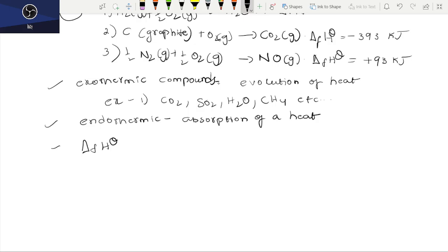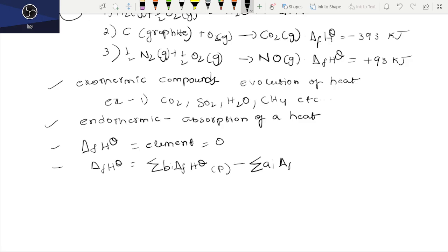Now, along with that, if the delta fH naught values of reactants and products are given, then the sum of the standard enthalpies of formation is sigma bi delta fH naught, where this represents products, and also sigma ai delta fH naught, where we take reactants.